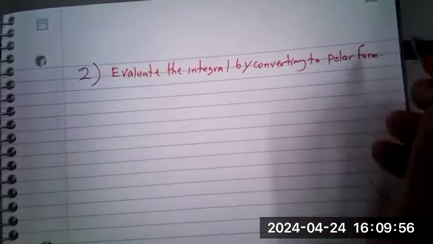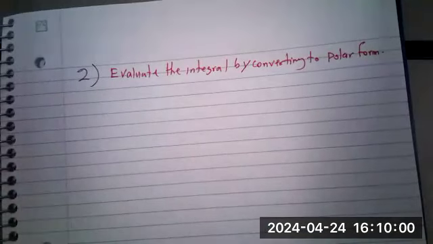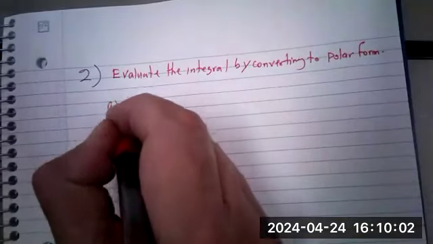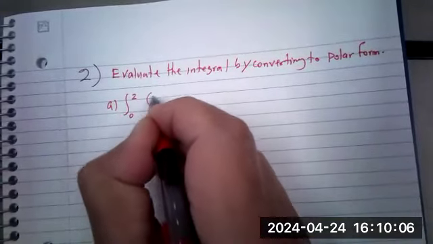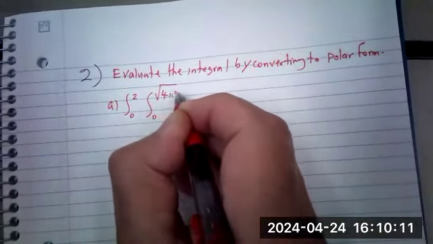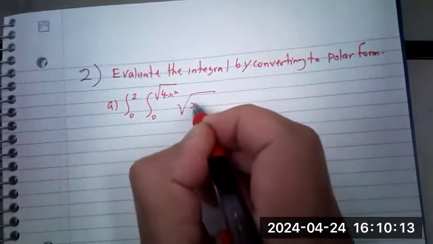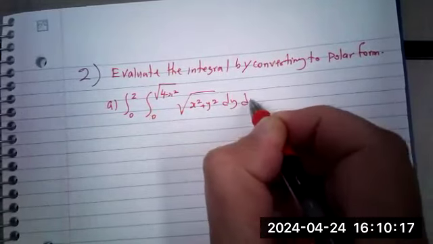Polar form. That's it, part 1. Part 1, this is your integral, x from 0 to 2, y from 0 to radical 4 minus x squared, of the square root of x squared plus y squared, dy dx.